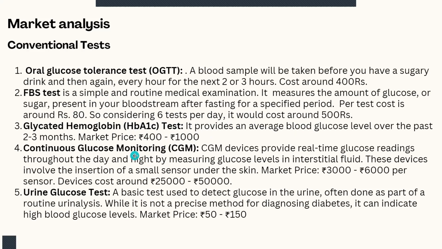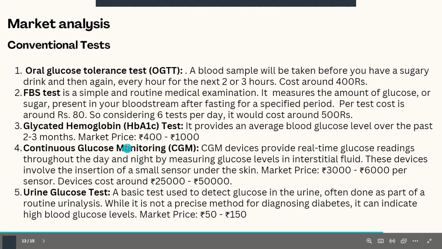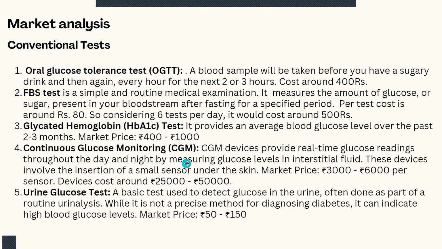Apart from that, the general continuous glucose monitoring devices available in the market cost around 25,000 to 50,000, and the sensor, which has to be replaced every week, let's say, costs around 3,000 to 6,000. So this is an expensive method, and our method is a cost effective method and can be used.